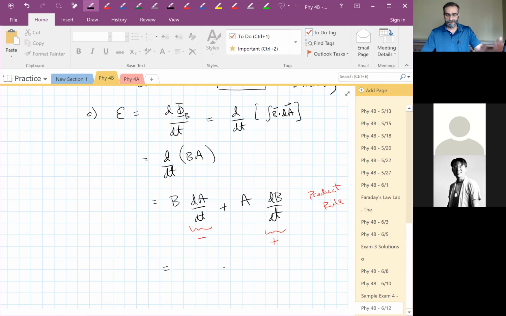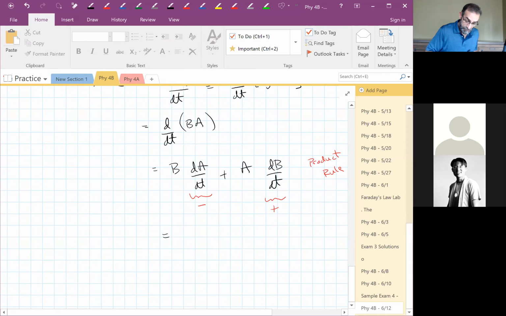Okay, so we've got a B, which is alpha t squared, and a dA dt, which is minus W dx dt. And we have an A, which is Wx.